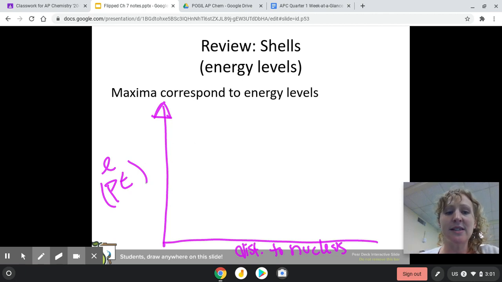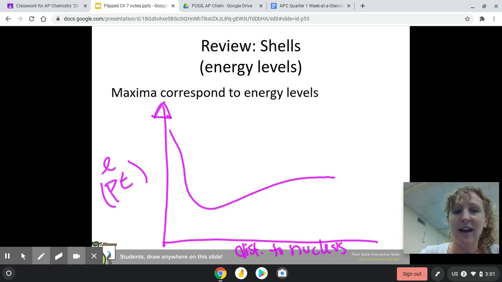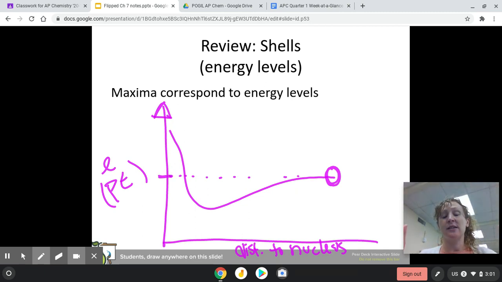And so what we see is as we look at the shells, we see kind of a graph that you saw in that activity where when the electron is too far away from the nucleus, the potential energy is not as stable as it could be because there's going to be an attraction that happens.